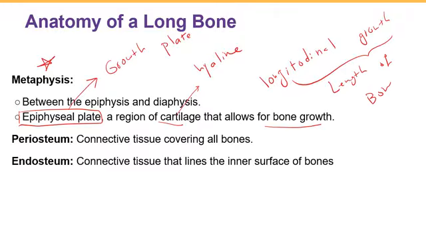That's because of the epiphyseal plate. So then at a certain age, the epiphyseal plate can get bony. So then instead of having an epiphyseal plate, we are going to have the epiphyseal line.